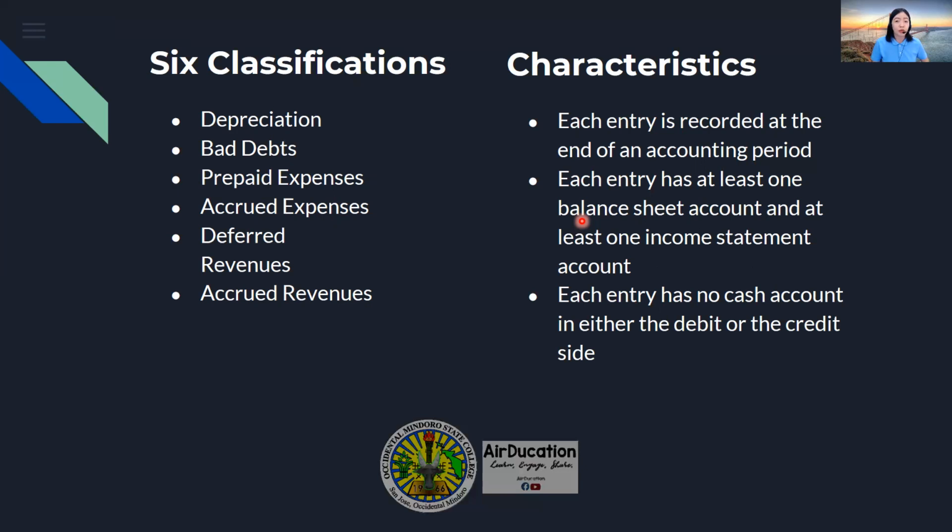So I know you already have an idea what this is all about: one account for the balance sheet and one account for the income statement. And lastly, each entry has no cash account in either the debit or the credit side, because we are now adjusting our necessary accounts that have expired, been incurred, or whatsoever.